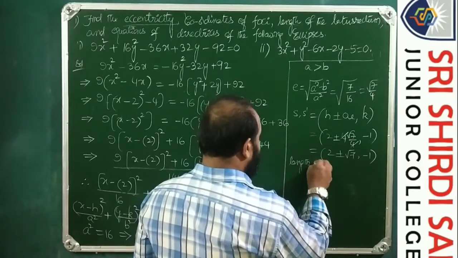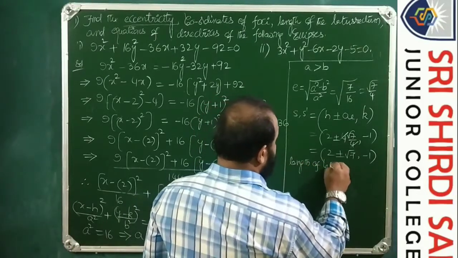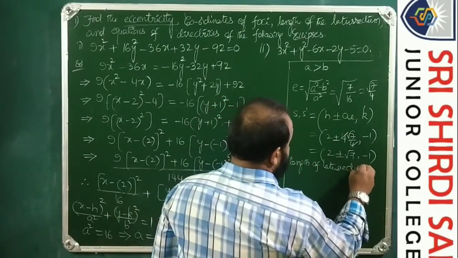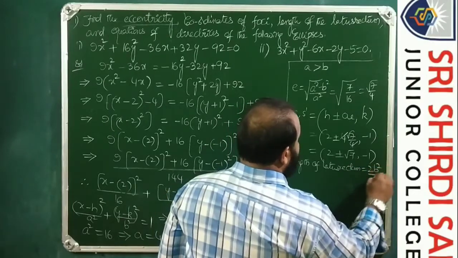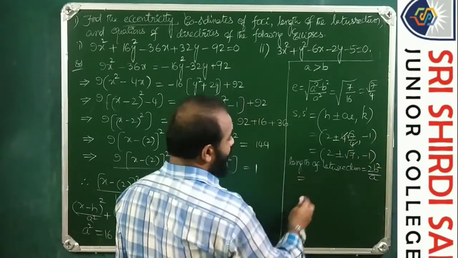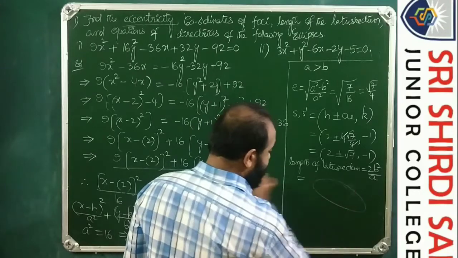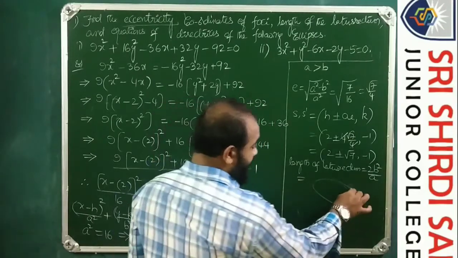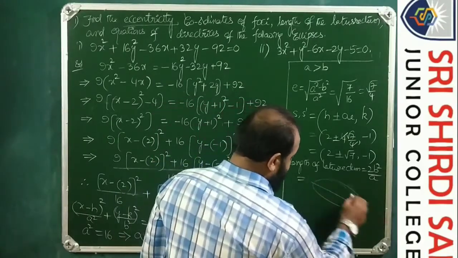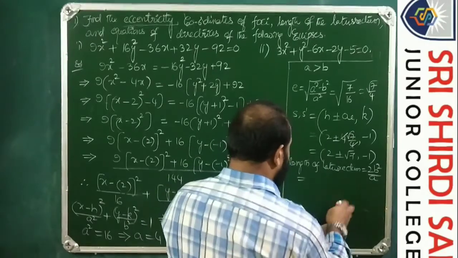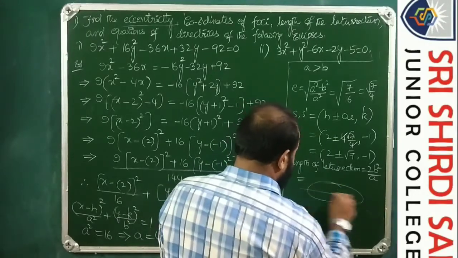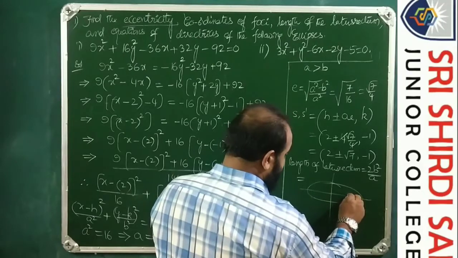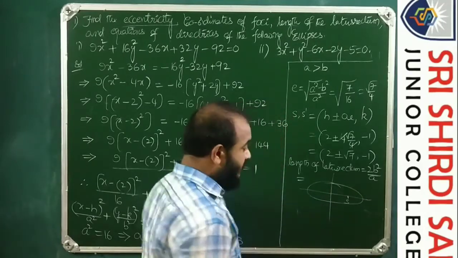Length of the latus rectum. Length of the latus rectum is 2b square by a. So what is the length of the latus rectum? This is our ellipse, this is the major axis and this is our focus.